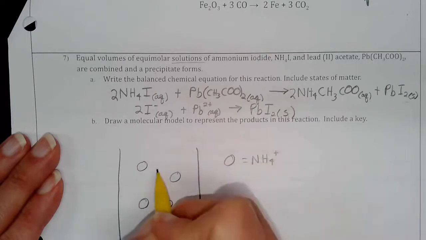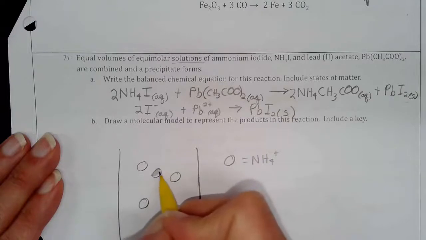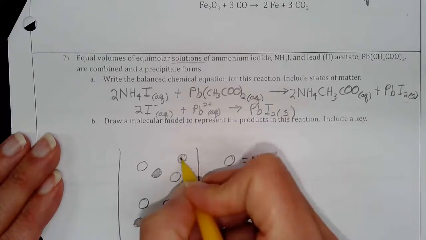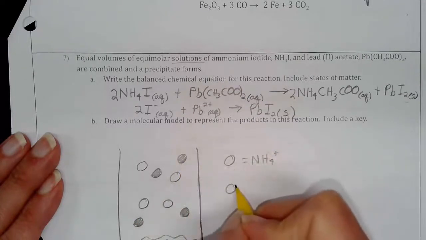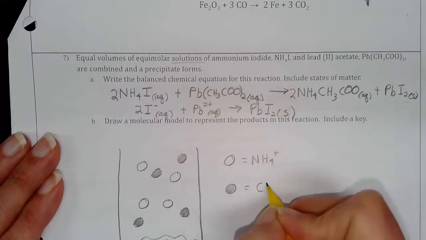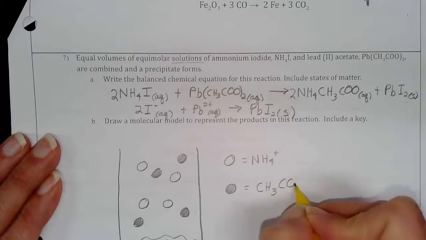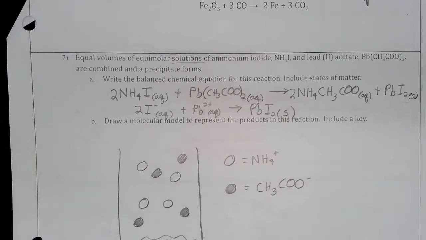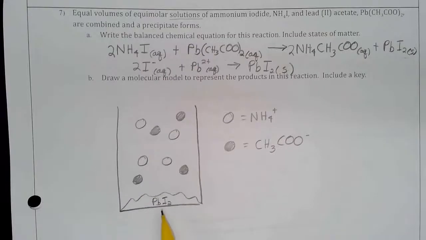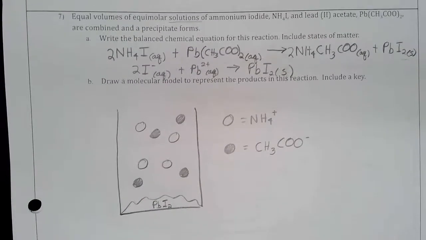And we're going to have some acetate ions. And that's what our product beaker is going to look like, making sure that we have the lead 2 iodide at the bottom. Okay, so that's 4.7.